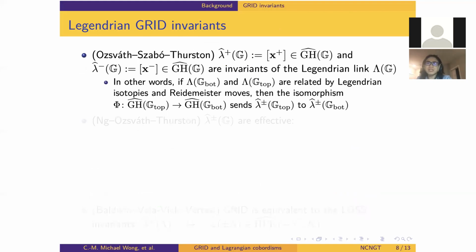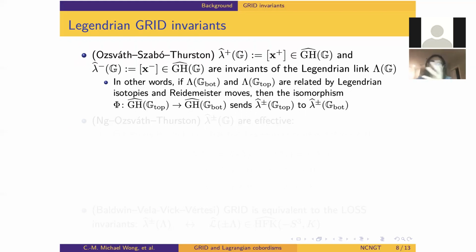So in other words, if you have a sequence of grid moves that realizes some Legendrian isotopy, then the grid isomorphism for grid homology sends the homology class in question to the homology class in question.